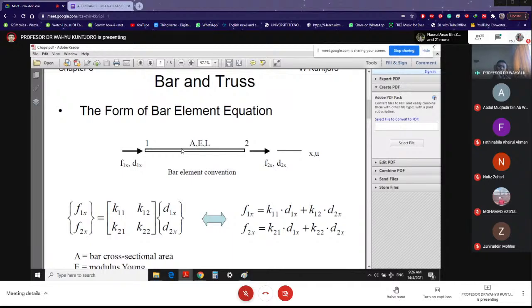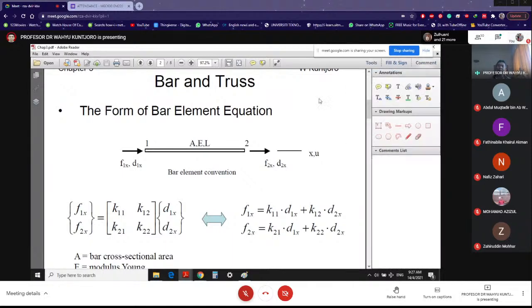Now, when we talk about bar, we have two nodes as well. Node number 1 on the left. Node number 2 is going to be on the right at the end of your bar. And then, of course, you are going to have your X direction, X axis. What is U? U actually is displacement. You have learned from strength of material.